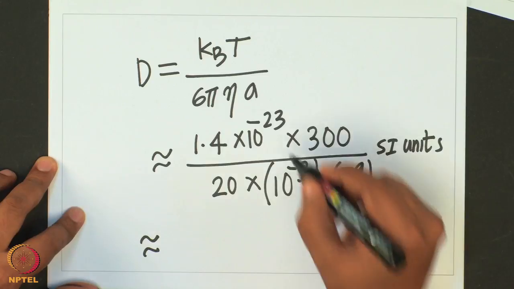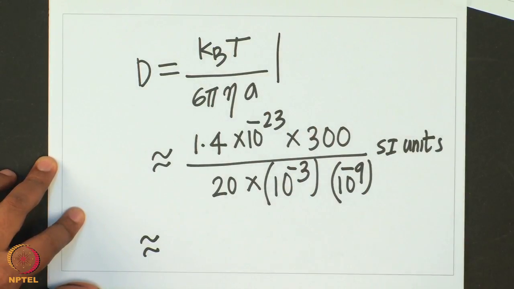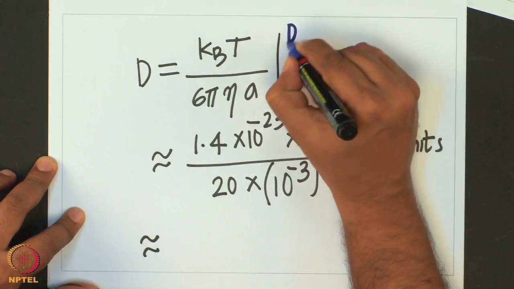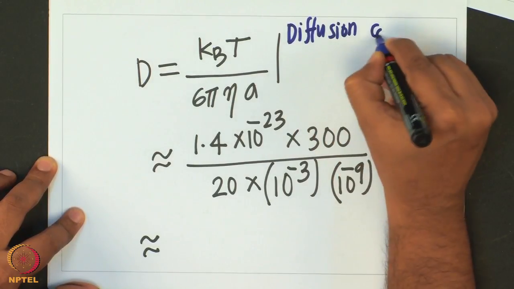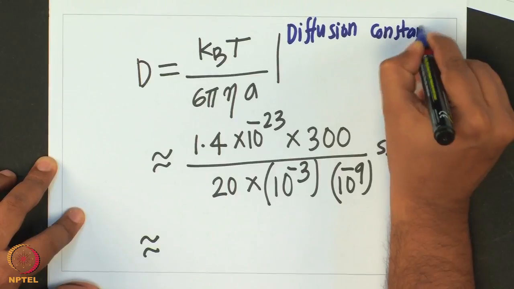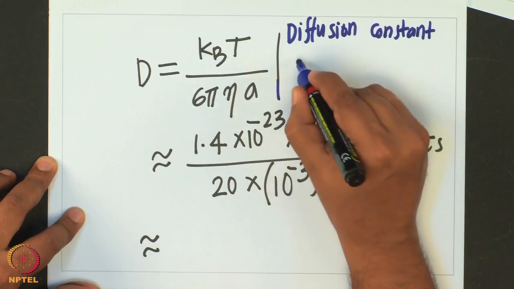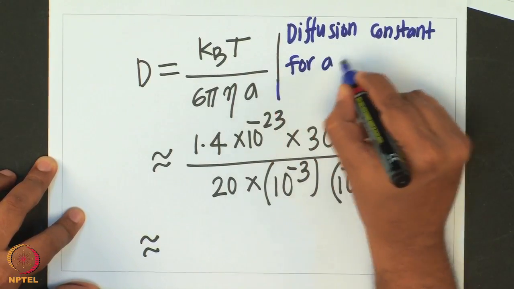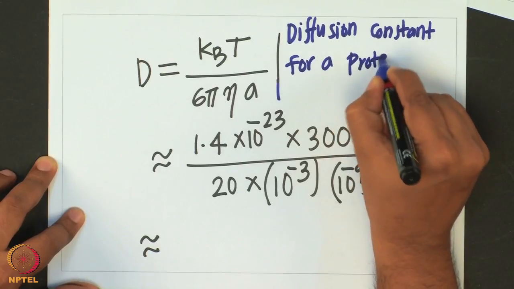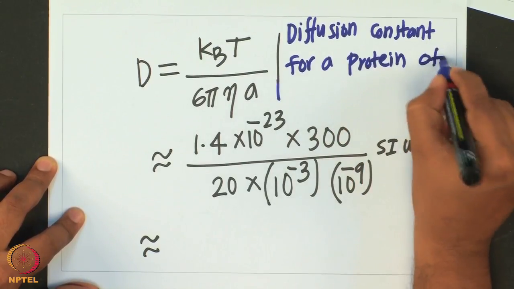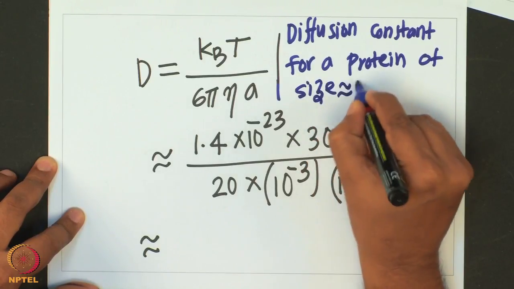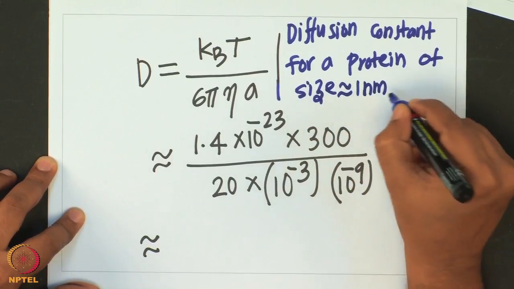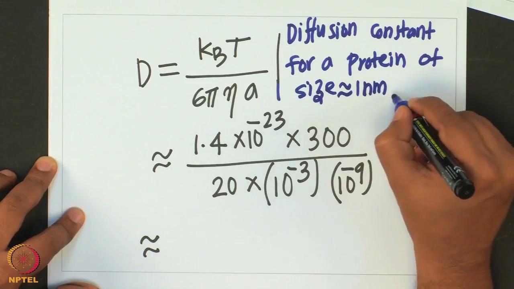So, this is the diffusion constant. What are we calculating? We are going to calculate the diffusion constant for a protein of size, that is radius, 1 nanometer in water.